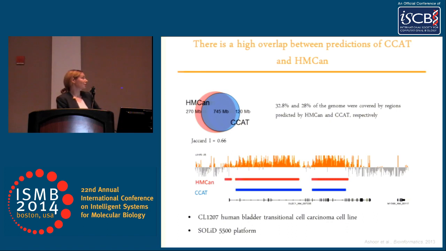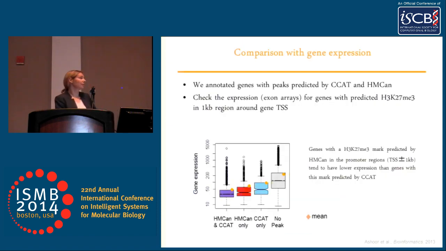So first, I should say that, unfortunately for us, predictions were very close. So you see the Venn diagram. CCAT predicted almost the same as we did. But if we look at the association between these predictions for this repressive mark and gene expression, we are slightly better. So this diagram shows you gene expression for 4 types of genes.